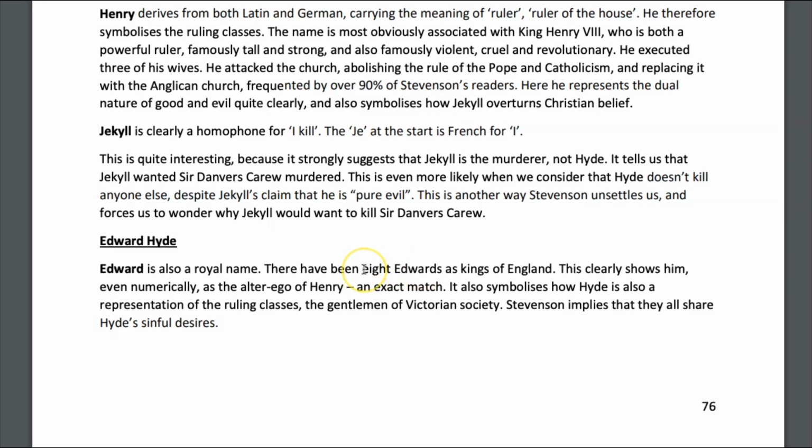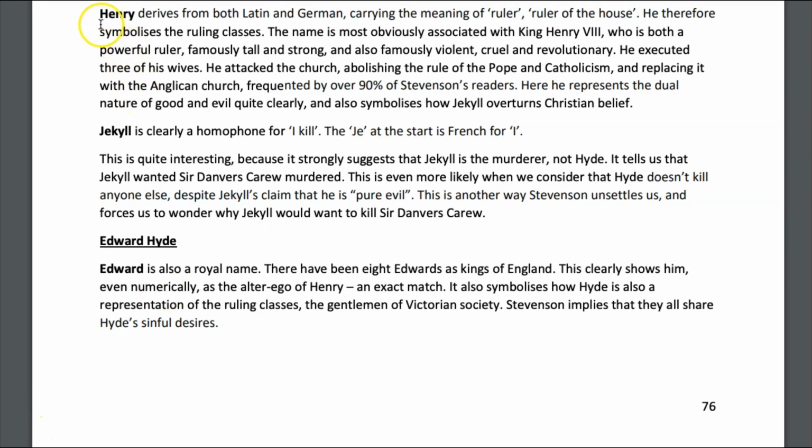Now, it's not just the numerical symbolism that Stevenson is after. He's pointing out his theme of class and the gentleman here. He's deliberately chosen names for his characters, Henry and Edward, which are royal names, in order to point out that they represent the quintessential, the essential, the stereotypical English gentleman.